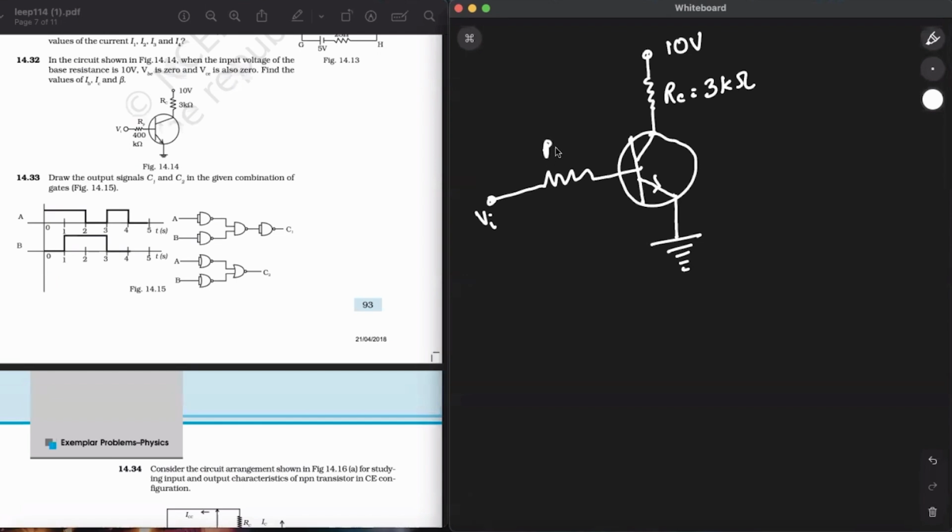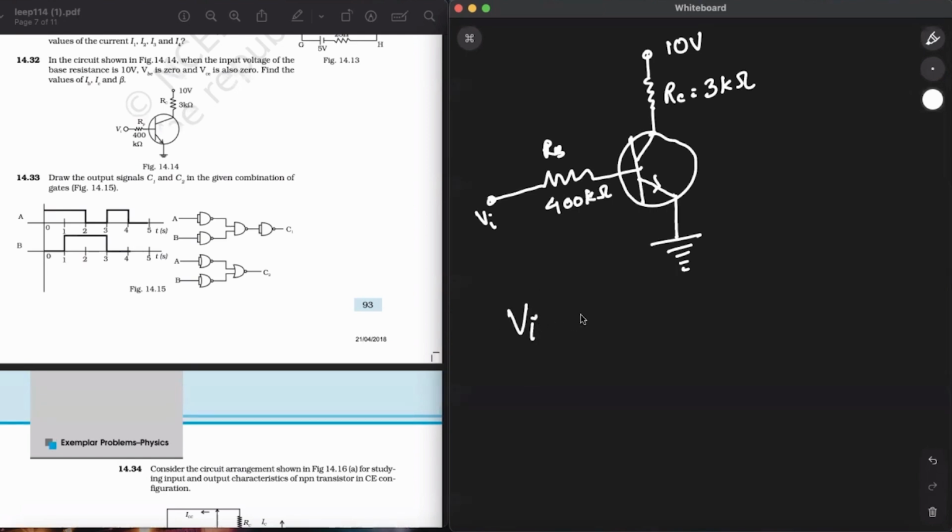This resistance RB is over here, which is 400 kilo ohms. So according to the problem, we already know V input is equal to 10 volt, resistance RB is equal to 400 kilo ohm, voltage across BE is 0, voltage across CE is 0, and RC is equal to 3 kilo ohm. All correct. So now I'm starting.